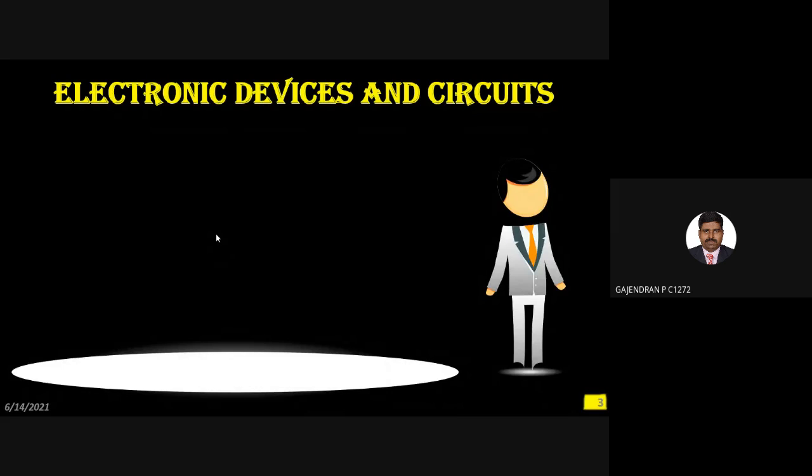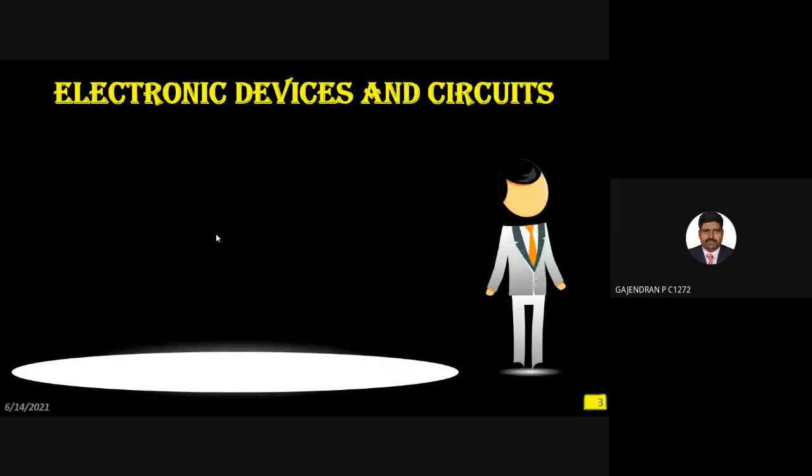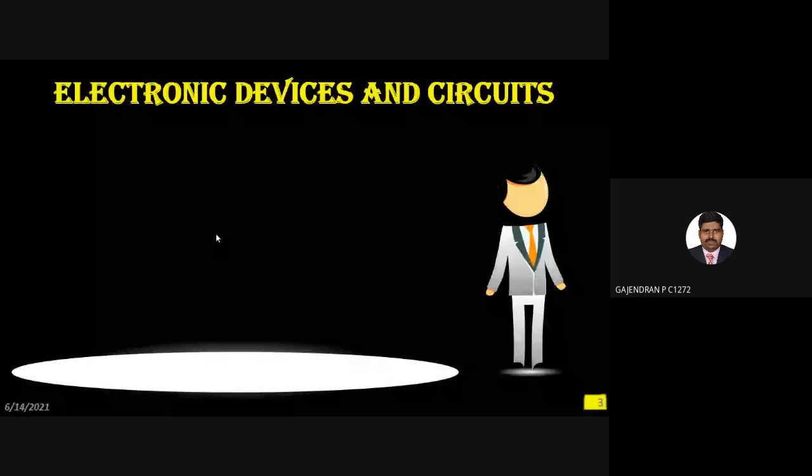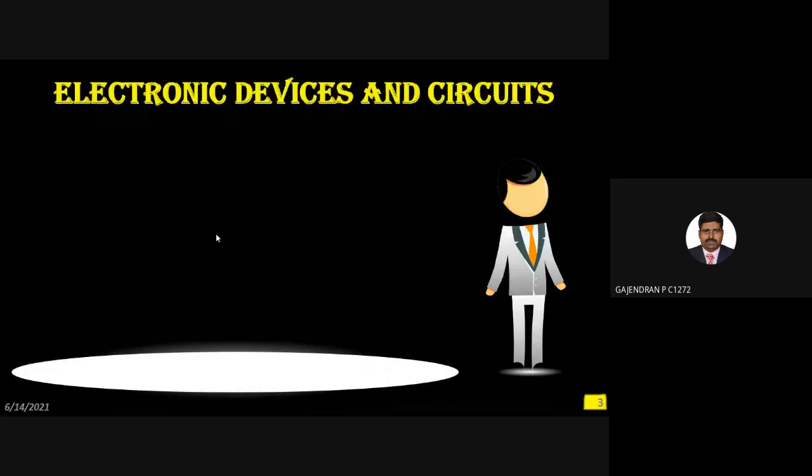Yes, diode. Have you seen only one kind of diode or varieties of diodes? Only PN junction diode. Any other kind of diode? Zener diode. Another special kind of diode we have seen, Zener diode.